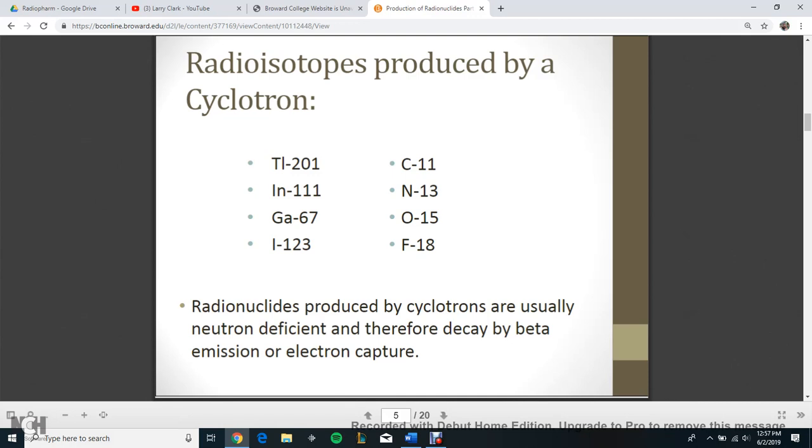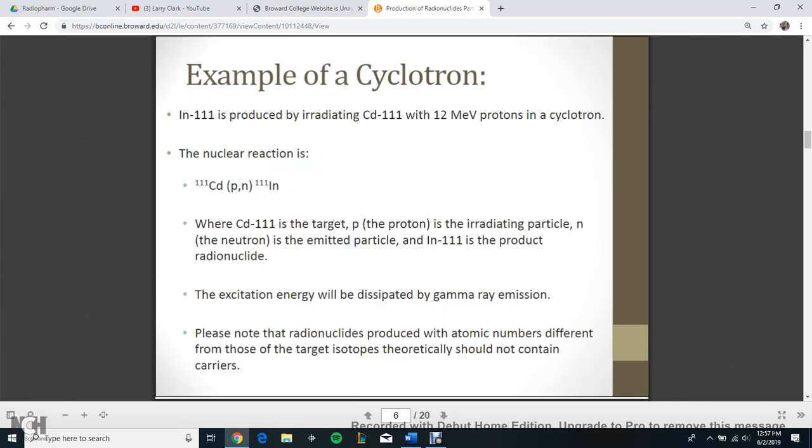Radioisotopes produced by a cyclotron are thallium-201, indium-111, gallium-67, iodine-123, carbon-11, nitrogen-13, oxygen-15, and fluorine-18. Radionuclides produced by cyclotrons are usually neutron deficient and therefore decay by beta emission or electron capture.